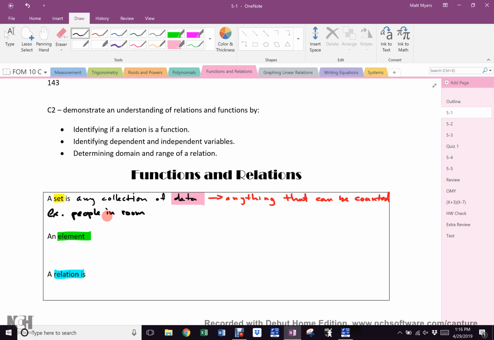Everybody cool? Everybody understands what a set is? And if you can count it, you have a set. Can a set have nothing in it? No. Yeah. Tajir says no. Nathan says yes. How many adult women are in this room? Zero. So can we have a set with nothing in it? Excellent. Okay.